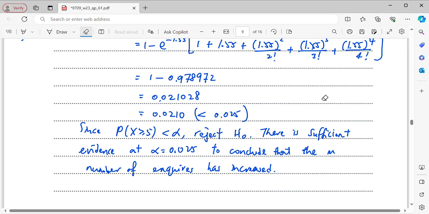Okay, so that is the conclusion for this hypothesis testing, because we have rejected H0.